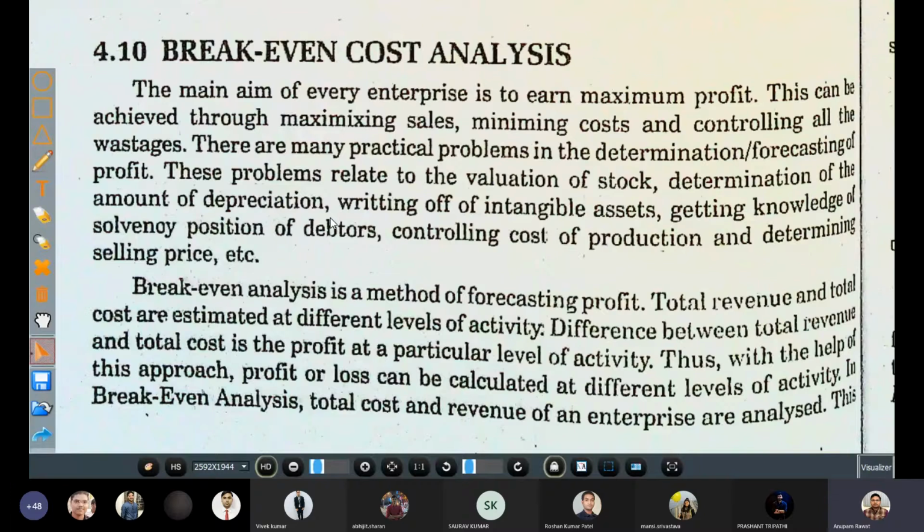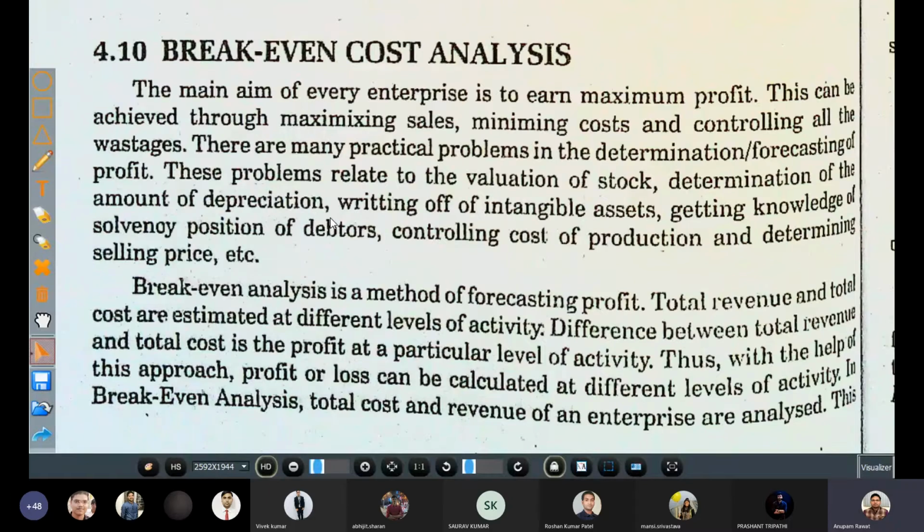Basically, break-even cost analysis is a methodology by which we can know how many more products we have to produce so that we start getting the profit. Generally, in a business, initially when we produce fewer products, we are getting a loss.